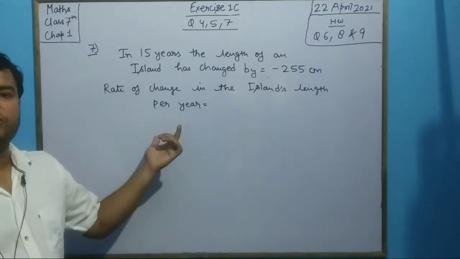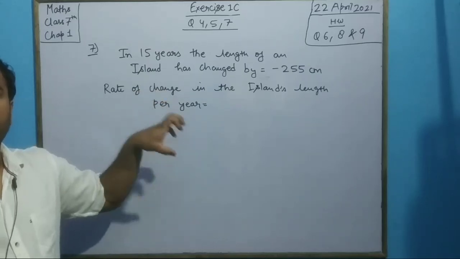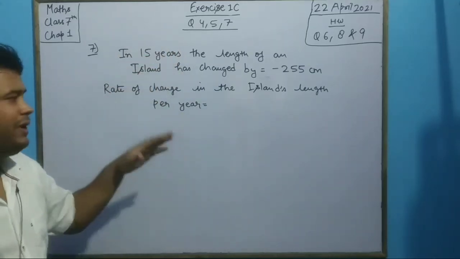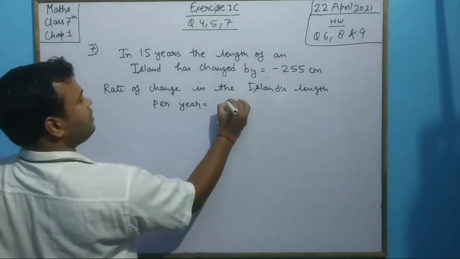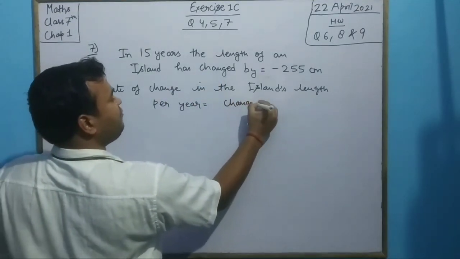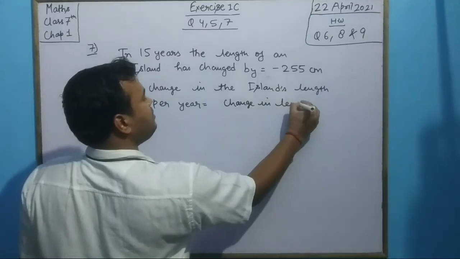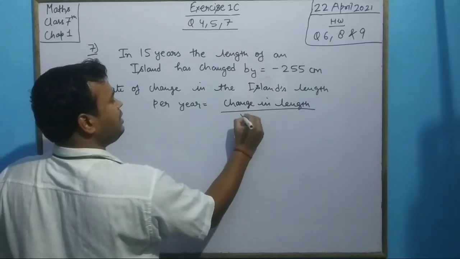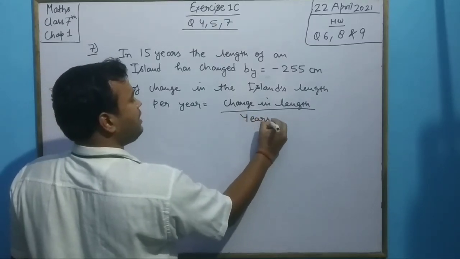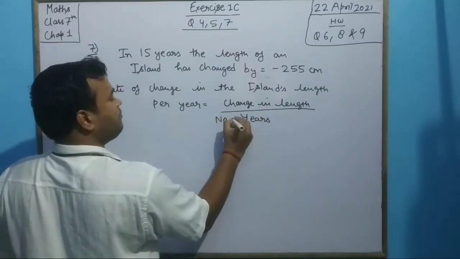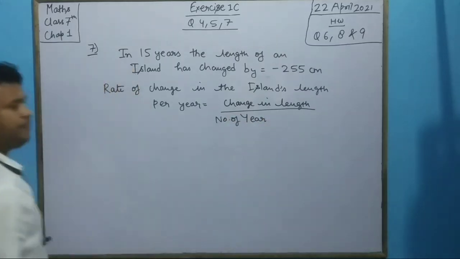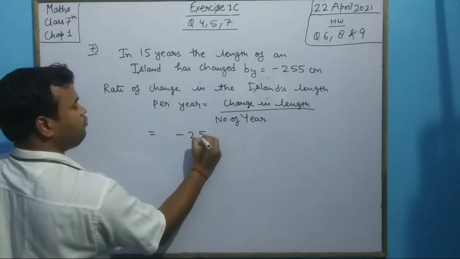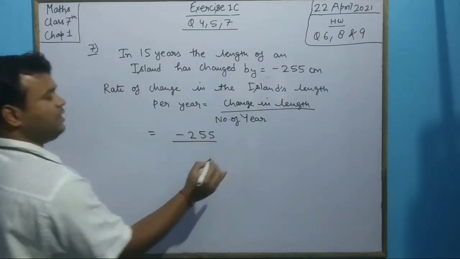In the previous question also we have seen that when we talk about rate, we divide the quantity by the time given. So here we will divide the change in length upon the years, or number of years. So what is the change? The change is minus 255 divided by the number of years.